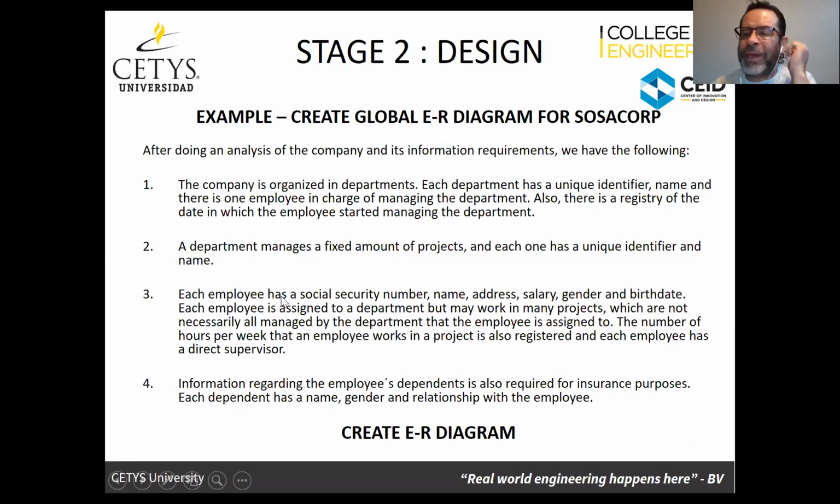And we had been given previously a description of the company and some information regarding how it's organized in departments. The department has an identifier. The department manages a fixed amount of projects. We have employees that have certain attributes, and these are also linked to employees' work and manage projects. And there are also dependents of the employee that are required for insurance purposes.